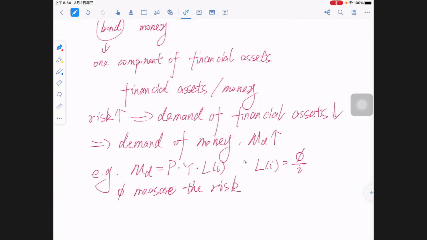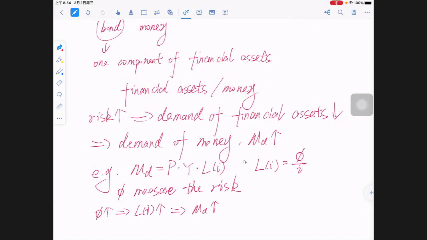Okay. And now if phi increases, L(i) increases at any level of interest rate i, right? So this leads to an increase in money demand.